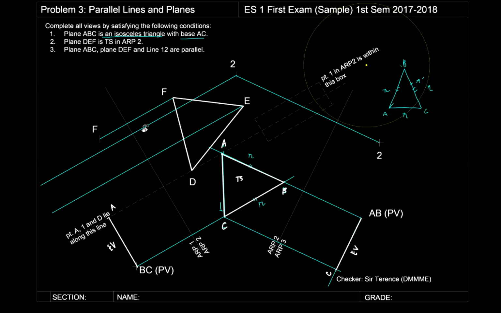Tapos, since again, sabi natin kanina na any view before and after a true size view will always be an edge view. Therefore, yung mga edge views din ng parallel planes will always be parallel as well, no? So, since parallel tong ABC and DEF, therefore, if ABC is in its edge view dito, dapat DEF should be also in its edge view dito sa ARP1, no?